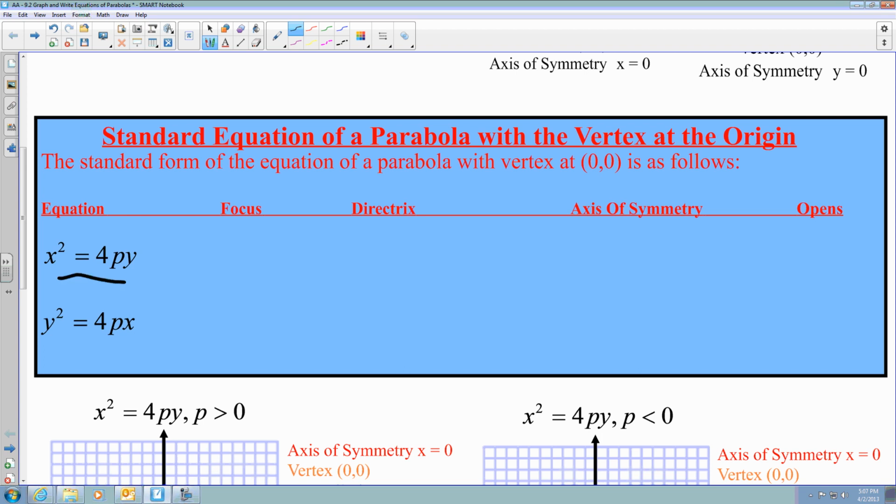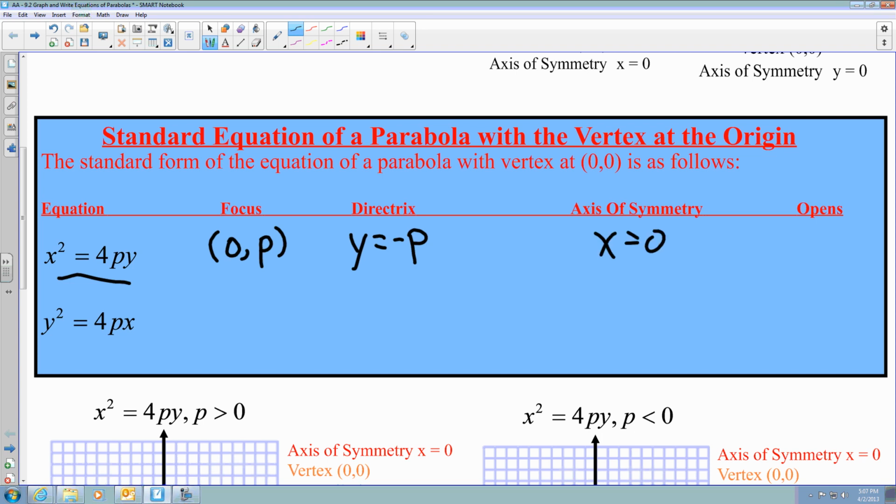For this one here, the focus is at coordinates 0, comma p. So if p was 3, the focus would be at 0, comma 3. The directrix would be denoted as a line which is y equals negative p. This is a horizontal line, and it's located at negative p, whatever that may be. The axis of symmetry for this one would be x equals 0.